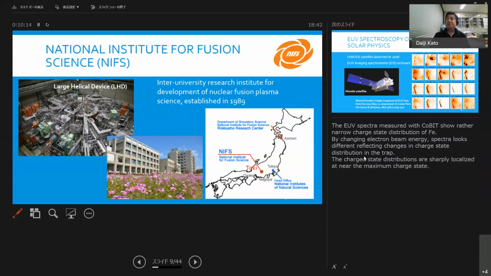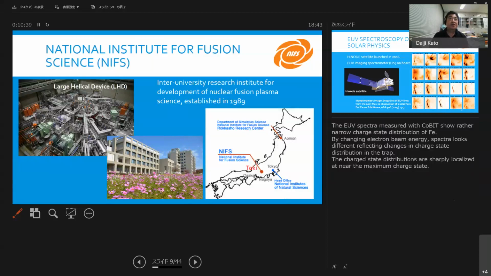So this is a spectrum measured with COBIT, showing a narrow charge state distribution of iron. By changing the electron beam energy, the spectra look different, reflecting changes in the charge state distribution in the trap.